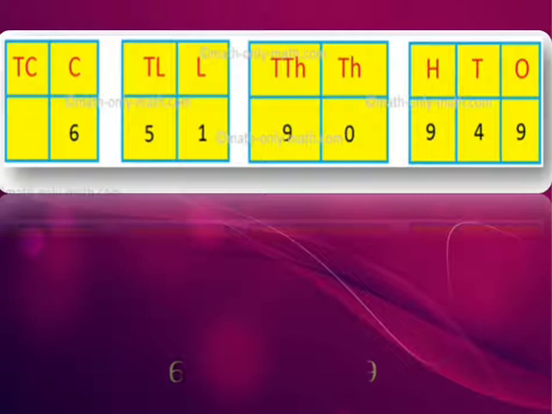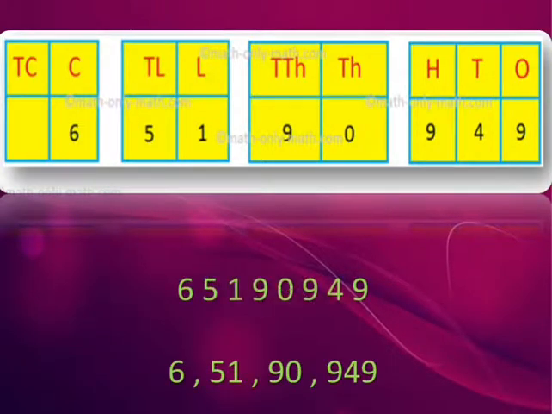So, what are we going to do? We will write the number as it is. And counting from the rightmost position, we will put our commas. For the writing part, we will put the comma first after the ones period, that means after exactly 3 digits. So after 949, we will put our first comma. The second period is of thousands, that means it will contain 2 digits. So after 09, we will put another comma.